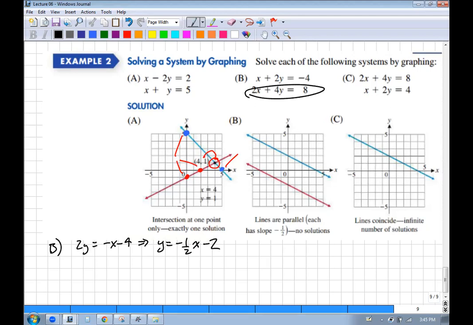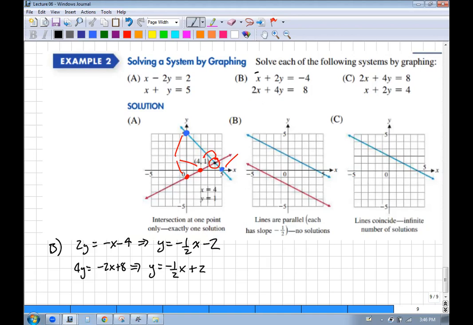Let's do the same for this one. If I subtracted 2x from both sides, I'd have this. Now divide both sides by 4. 2 over 4 is a half. 8 divided by 4 is 2.